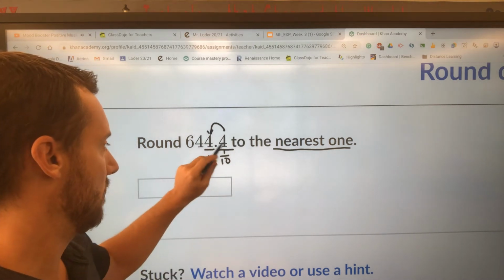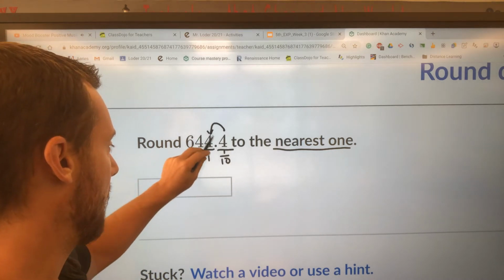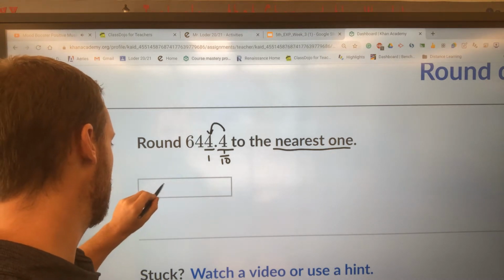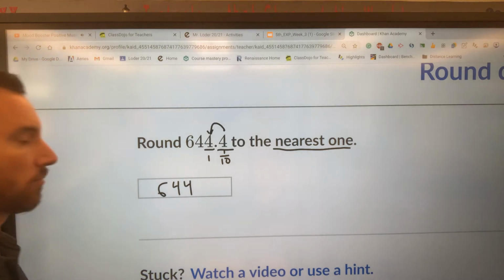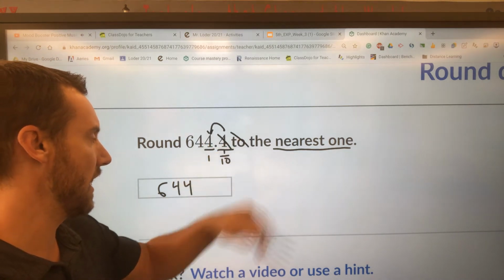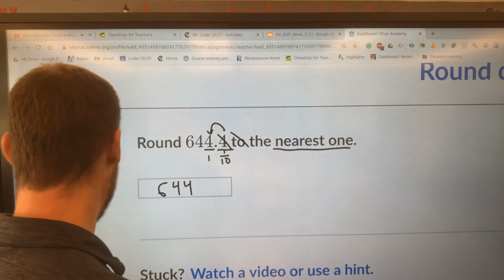Clearly this is 4, so we are going to let it rest, which means that we're just going to drop it out. So our answer here is 644, because when you round and you let it rest, that means that you eliminate everything after that decimal. Let's go ahead and input that.